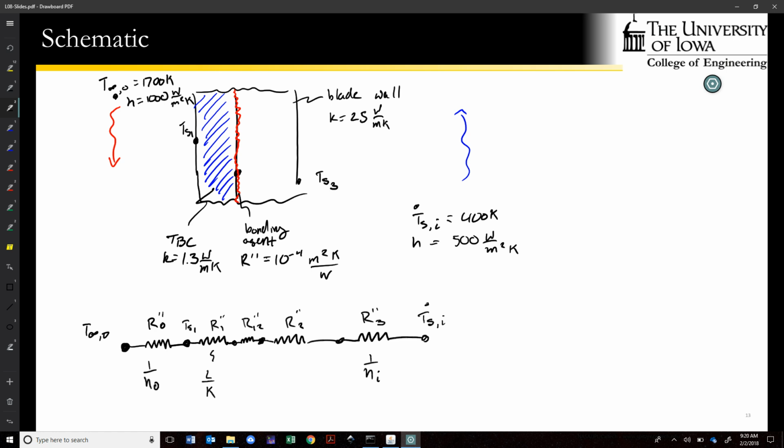So you just calculate those, add them up, get the total resistance, and then we have all the information we need to find the temperature of the blade. But we will finish solving this problem on Monday when we pick up the rest of the material.